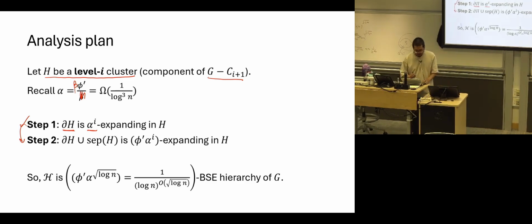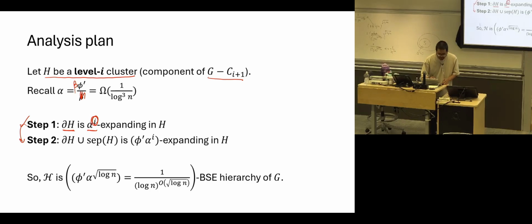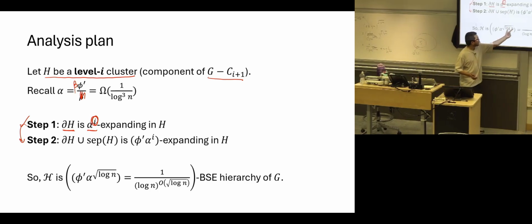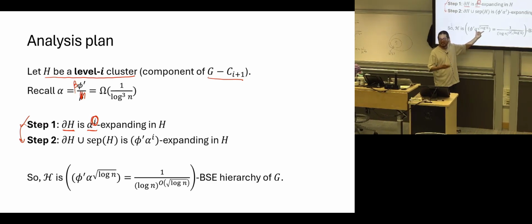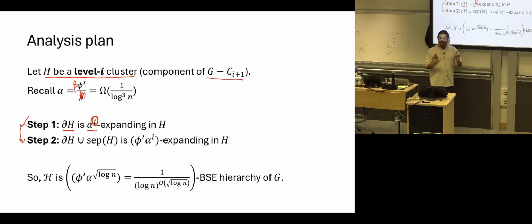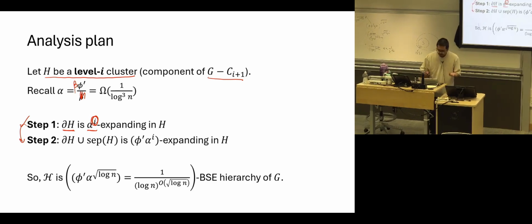Because if at the top level I can be as big as log n, then this is going to be like 1 over polynomial. But if this is just root log n here, then this is small.